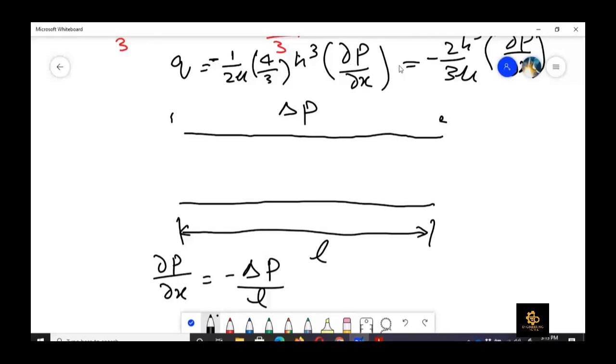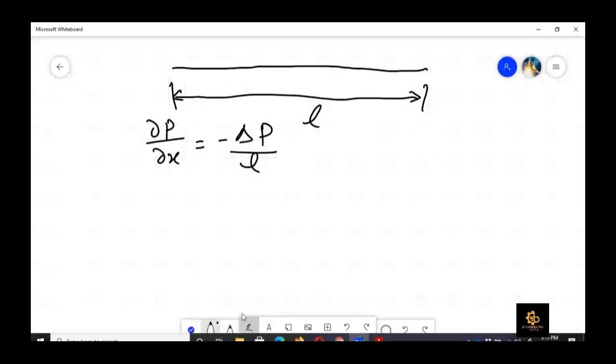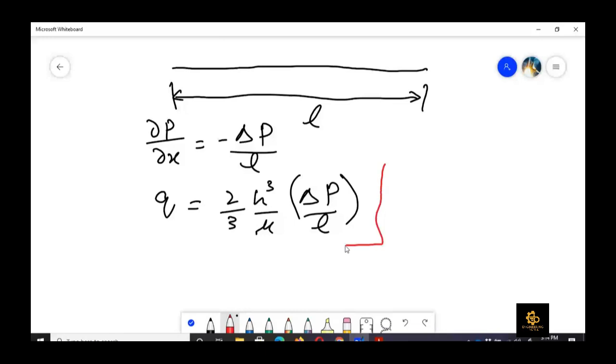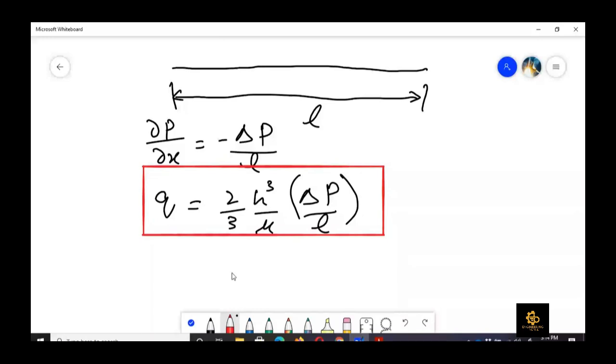So if we put that value in the Q relation, then this minus would be eliminated, and we can write Q is equal to 2 by 3 h cube by mu delta P by L. So this is our Q value in terms of pressure drop, not pressure gradient, but pressure drop.